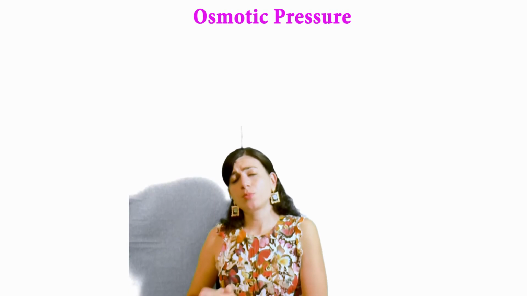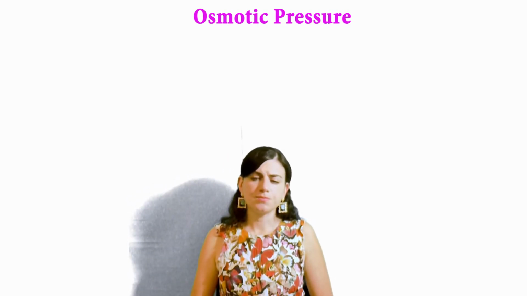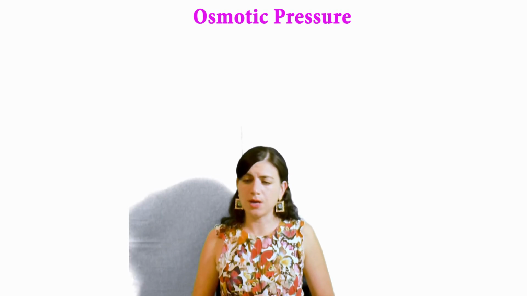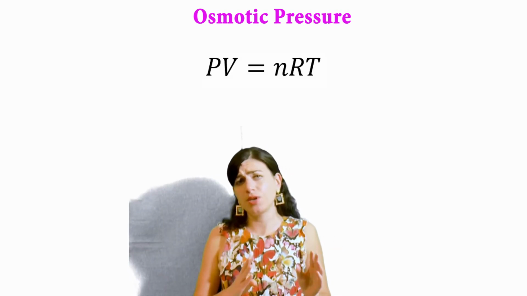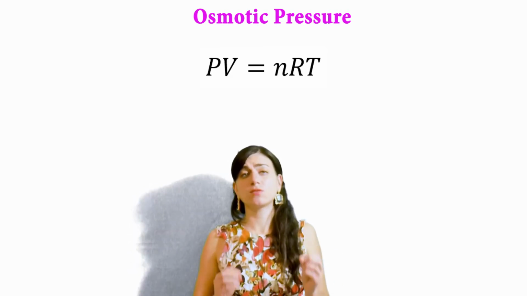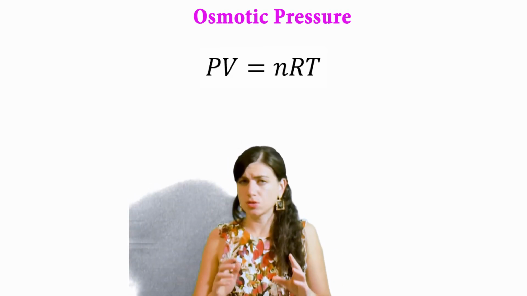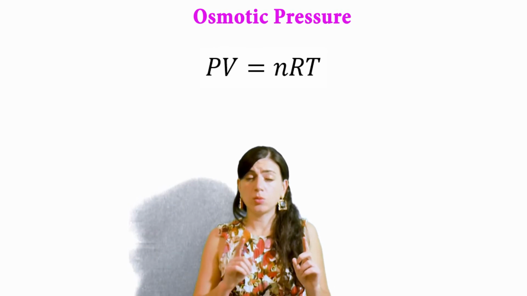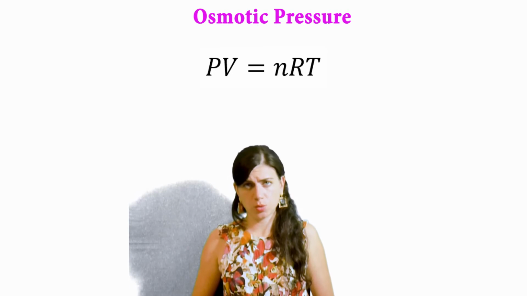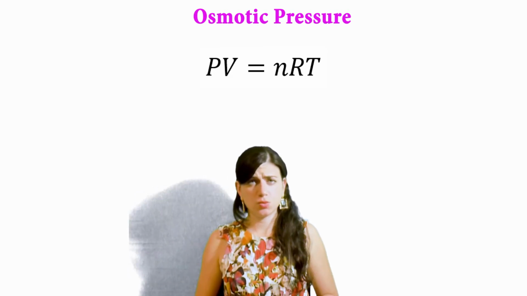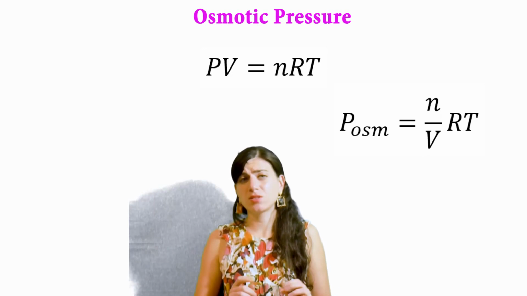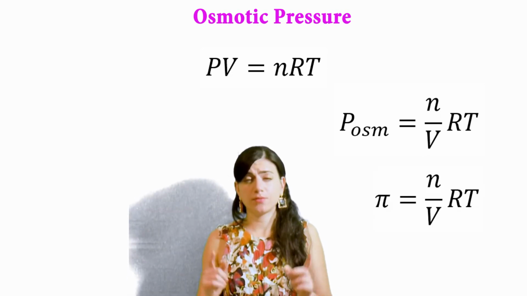The equation for osmotic pressure comes from the ideal gas law. The ideal gas law, I want to remind you, is PV equals nRT. If instead of generic pressure we take into account the osmotic pressure and we put the volume in the second part of the equation, we gain this new equation, if we mark the osmotic pressure with the Greek letter pi.